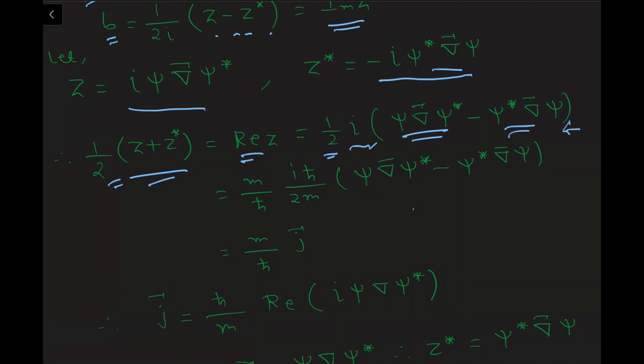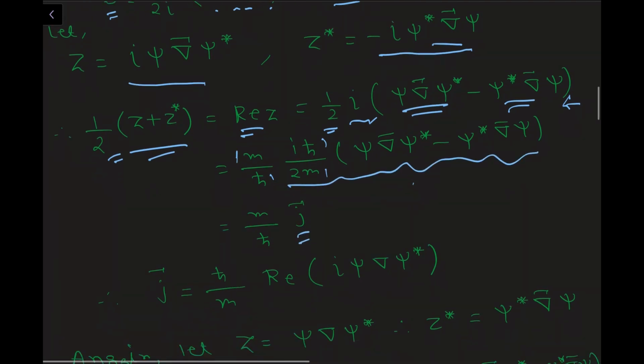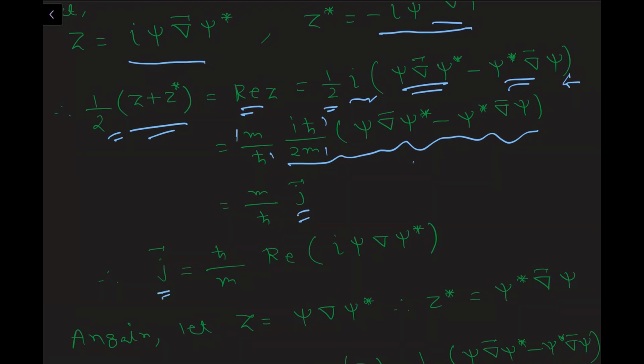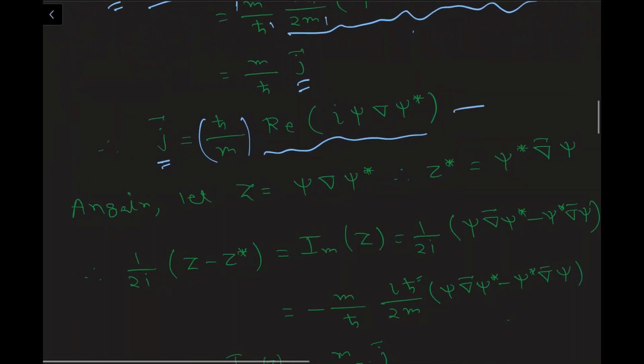This is the expression after putting in the values. Now multiply this by h cut by m and divide by h cut by m. This term is nothing but our expression for j. So we can write j is h cut by m, real part of i psi del psi star. Thus we have proved the first expression for probability current density.